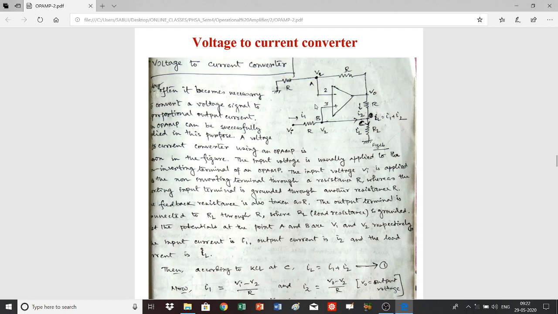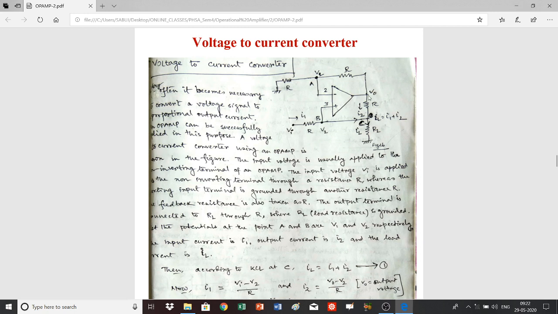Now if the current flowing through the input resistance is I1, then it will not pass through the op-amp because it has very high input impedance, and this current will flow in this direction.